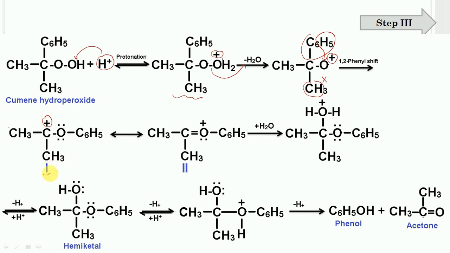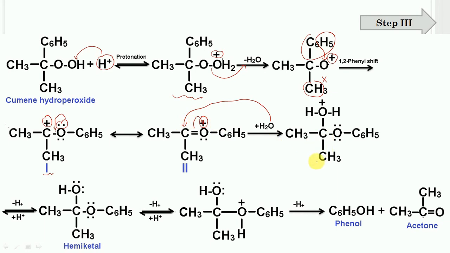It is structure number 1. Now this pi bond will take part in pi bond formation, and this one is structure number 2. Now oxygen acquires a positive charge. In the next step, this pi bond will shift toward this side, and a water molecule will attack on the carbon.